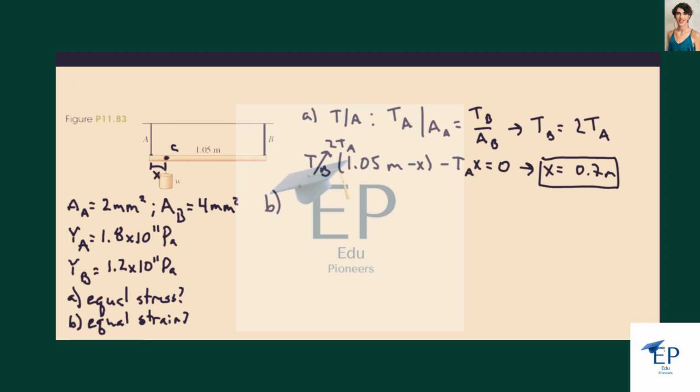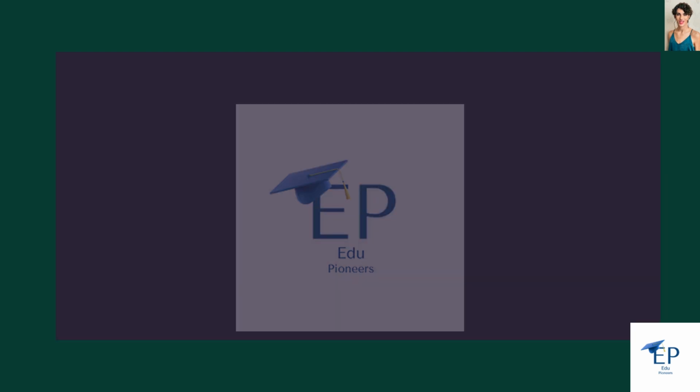Now, for part B, we want the strains to be equal.